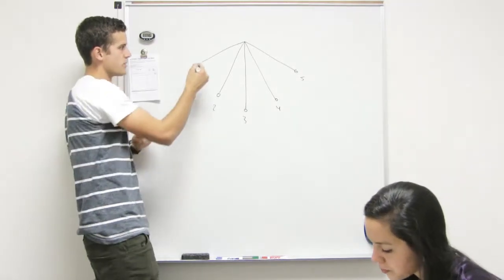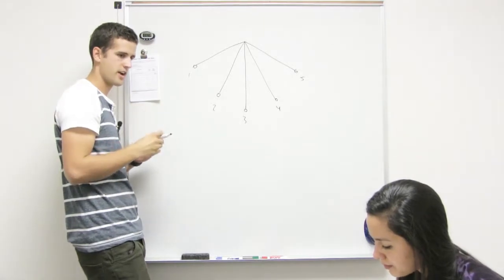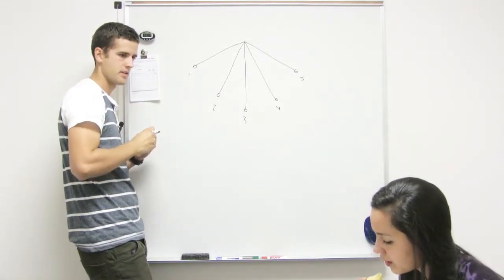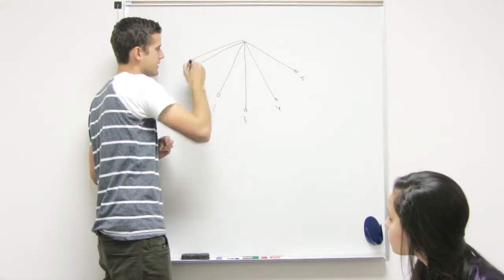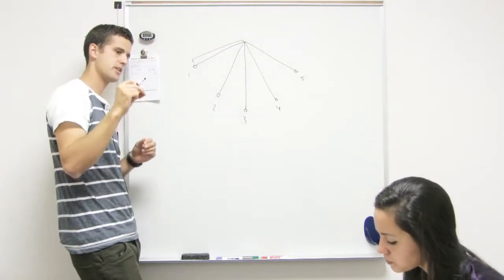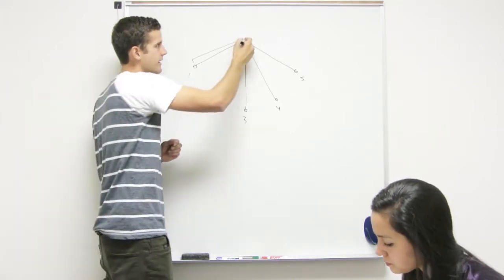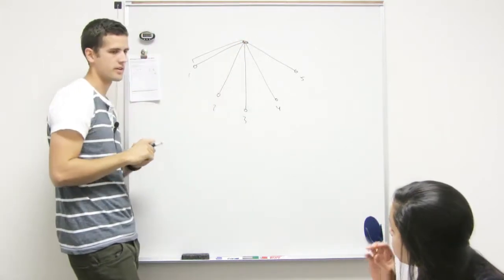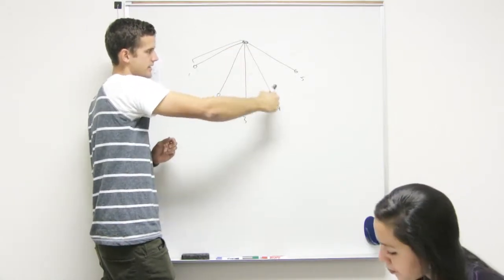Yeah, so that's the one that points straight to the center, which in this case would point straight up the string, right? Because this is always your radius right here. If you have a ball on a string, the string is always your radius, and the point that you're holding it at, right here, that's the center of our circle. So this is our radius, this is our radius, this is our radius.